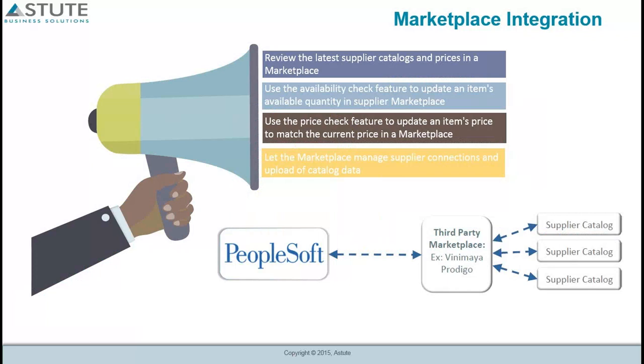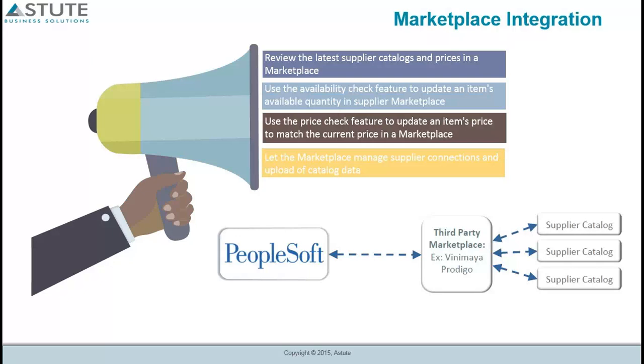I want to talk a little bit more on the marketplace integration, and this one we picked up from customer feedback for all the registrants today. So they want to know more about marketplace integration, which is actually a feature which we define as an electronic trading community where buyers and sellers review their supplier catalogs and prices.